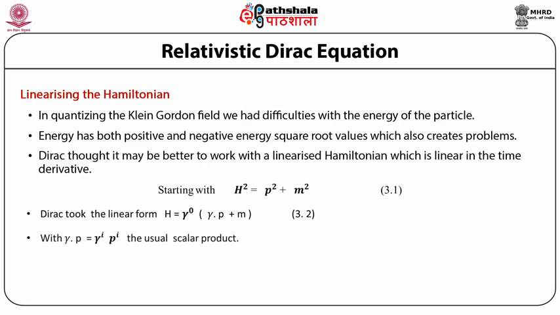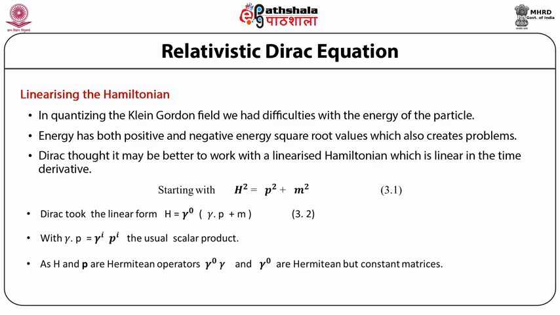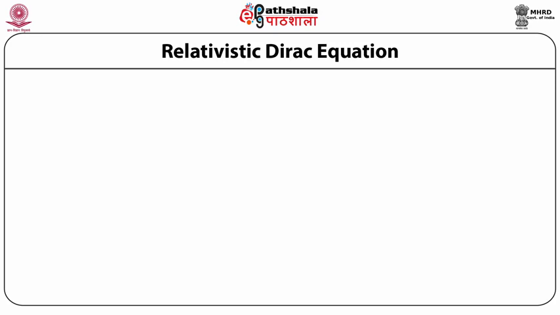Here gamma dot p is the three-vector product of gamma and p, which can also be written as gamma i p i, the usual three-vector scalar product. As H and p are Hermitian operators, gamma naught gamma and gamma naught are Hermitian but constant matrices. However, as we will see later, gamma i by itself need not be Hermitian.